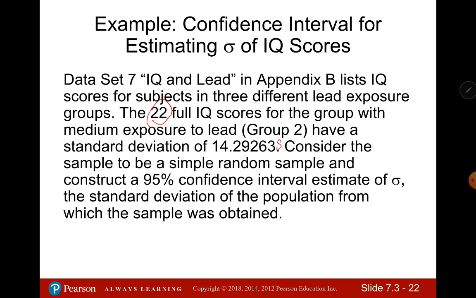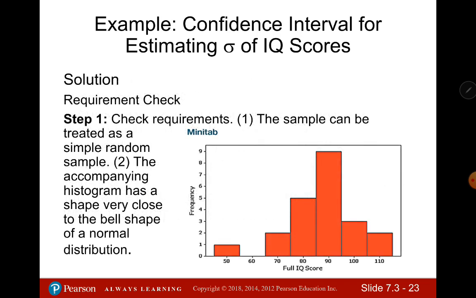This is the sample standard deviation, so we use s. And we try to construct the 95% confidence interval to estimate sigma. If we're talking about sigma, the standard deviation, don't forget you should have a square root in your formula for both sides. So the most important part, we should find the correct critical values, right?